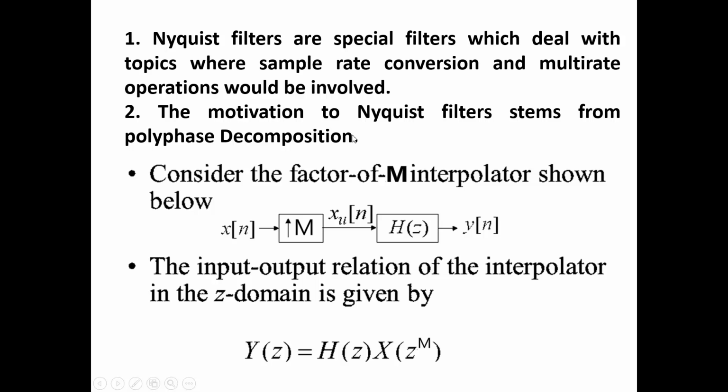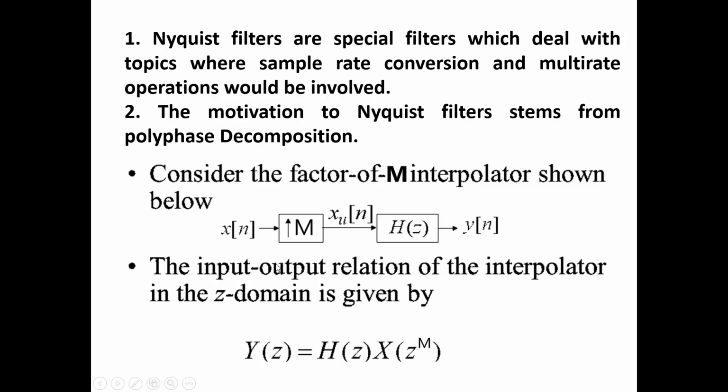Let's look at the motivation to the Nyquist filters, and it stems from polyphase decomposition. Consider the factor of capital M interpolator shown below, in which x[n] is the input and x[n] is upsampled with a factor of capital M, and H(z) is the low pass filter, y[n] is the output.